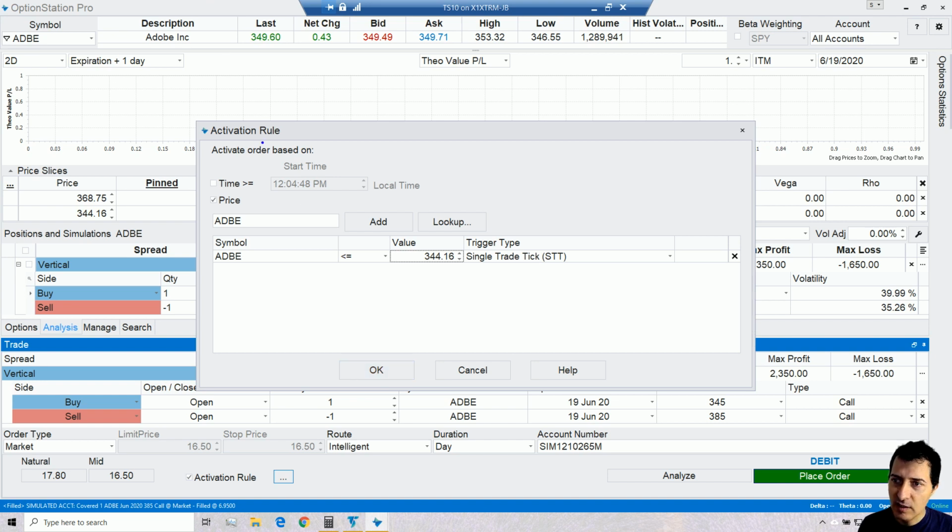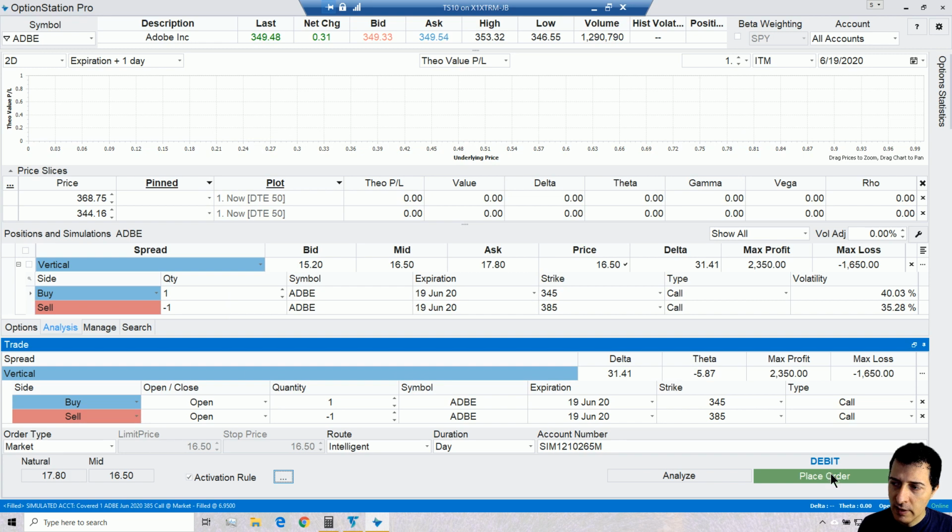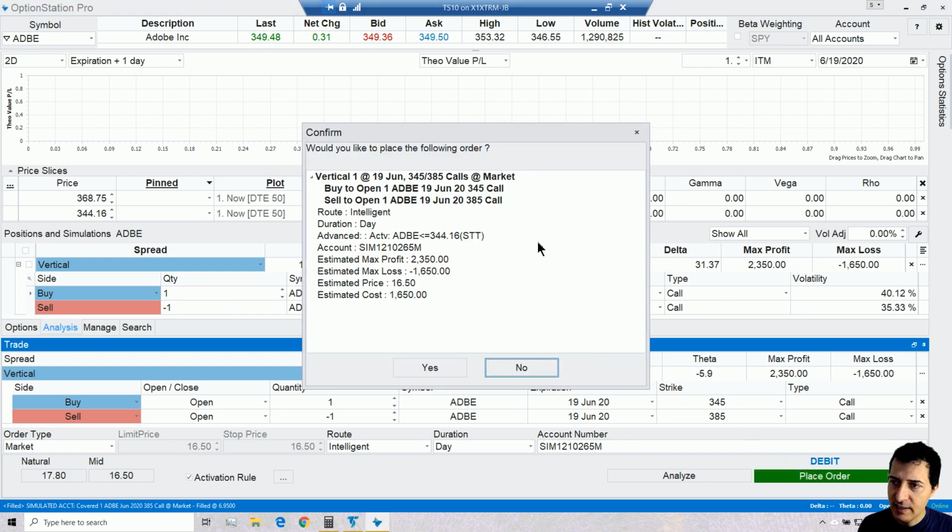Notice it's called activation rule. So if Adobe drops to 344.16 or below, activate this order, and this order, my friends, is to buy the 345 and sell the 385 using the 19th of June expiration date. Okay, the order, and here's the activation rule.